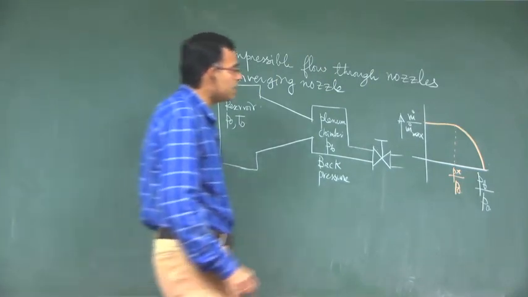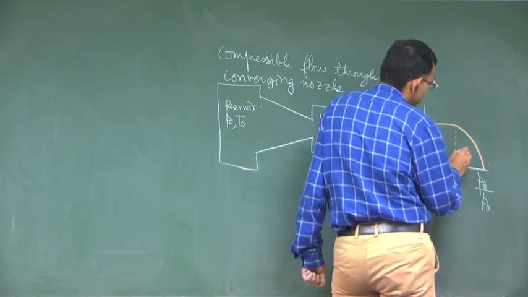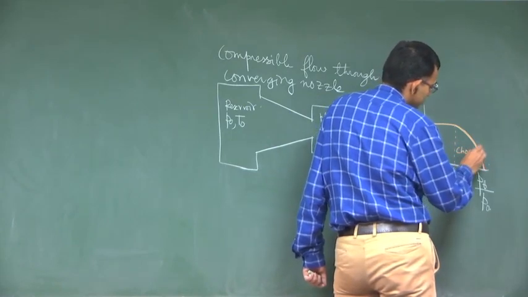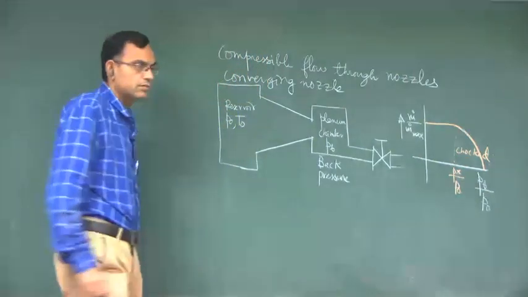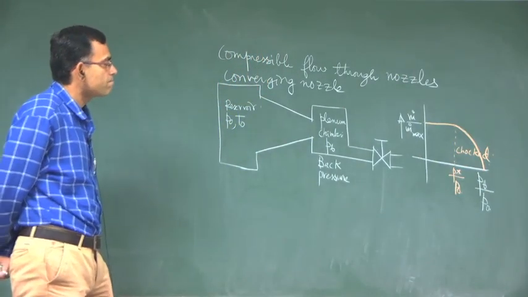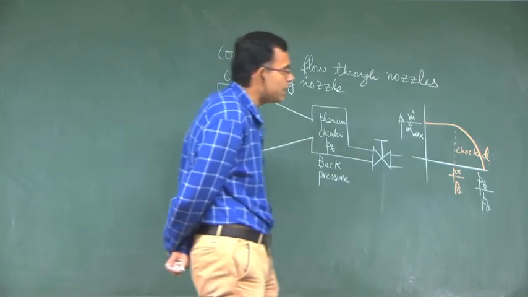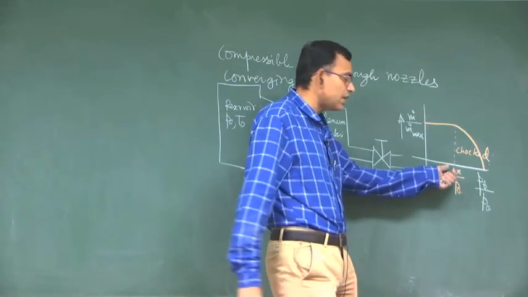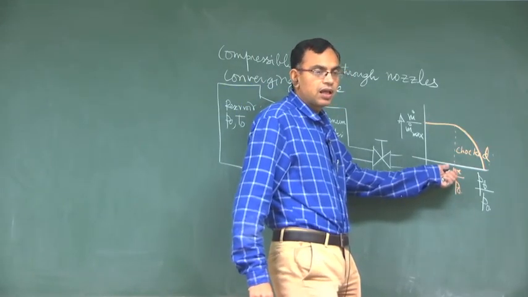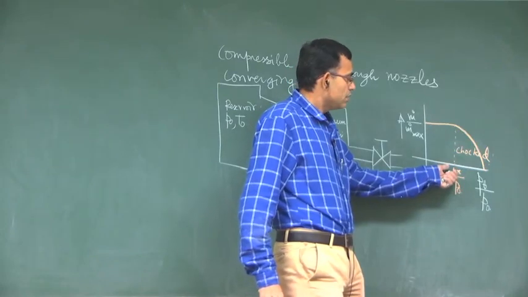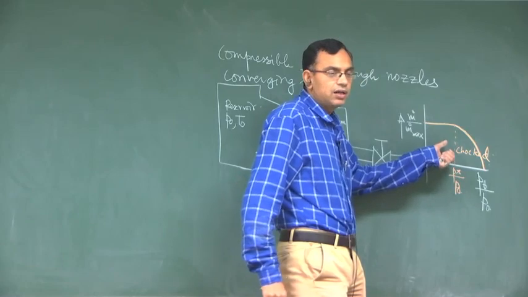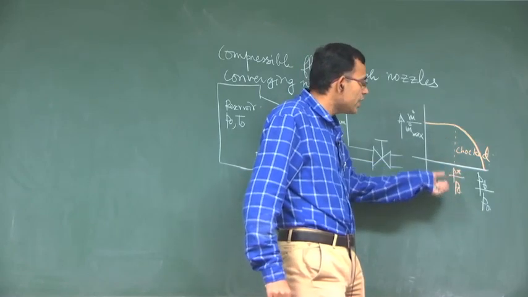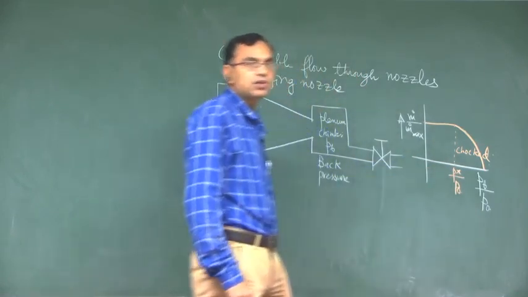And at that condition the nozzle is said to be choked. Now we have to understand what is this condition and what is the physics behind this choking, so that with a subsequent lowering of the pressure the mass flow rate does not increase anymore.